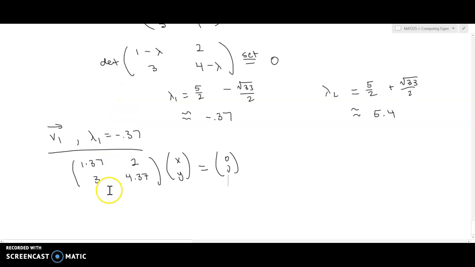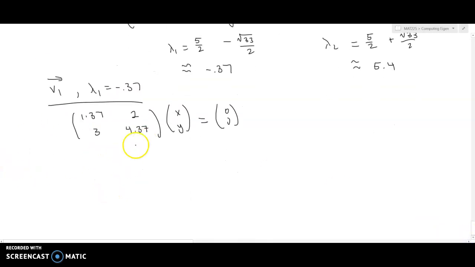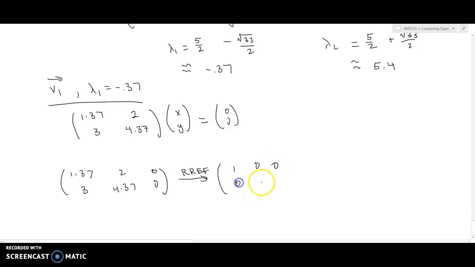And when I go about reducing this, I have 1.37, 2, 3, 4.37, augmented by 0, 0. Perform Gaussian elimination, and you actually end up with 1, 0, 0, 0, 1, 0. Now that does not tell me there are infinitely many solutions.